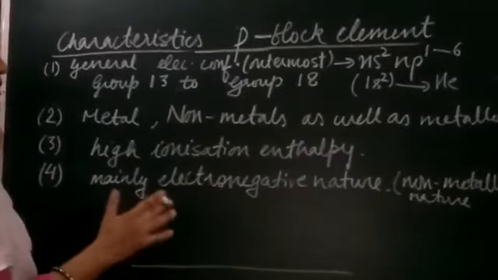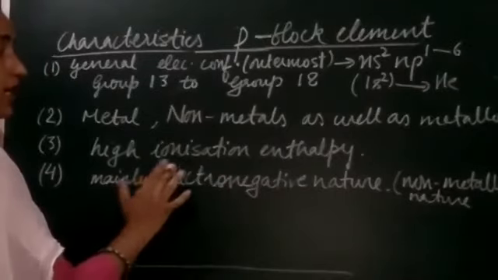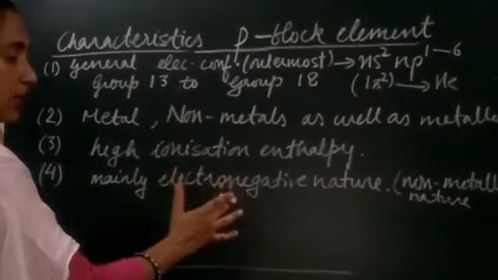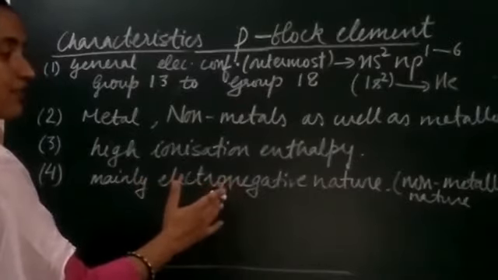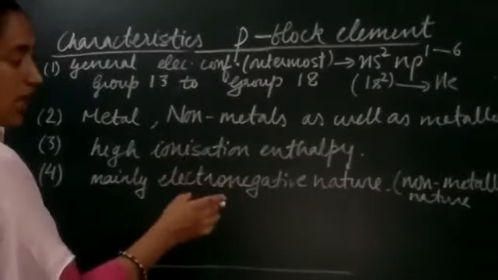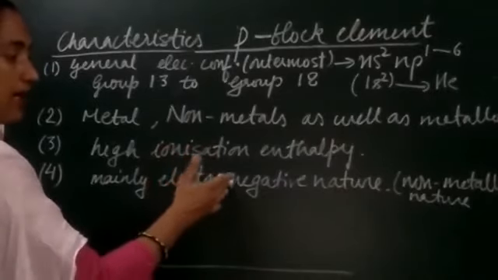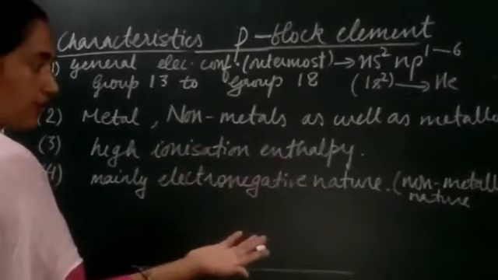There will be a difference in the properties also. So mainly the electronegative nature means the tendency to pull the electron cloud toward it. As a result, there will be a negative charge, so they show mainly the non-metallic nature, right?